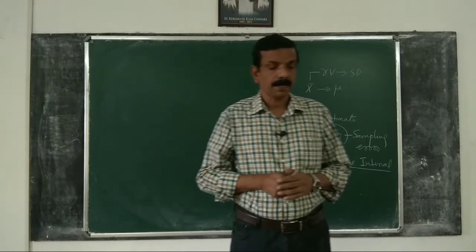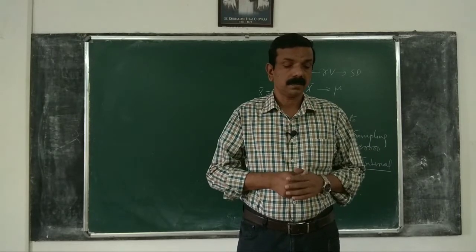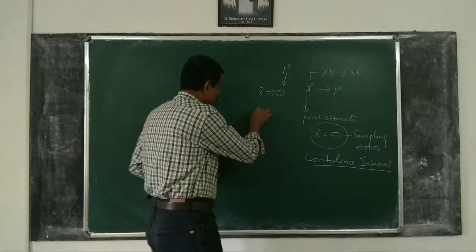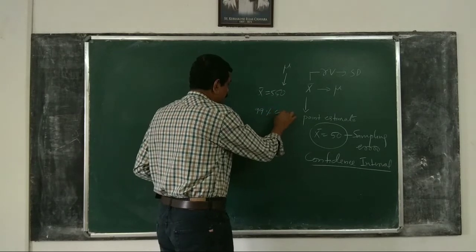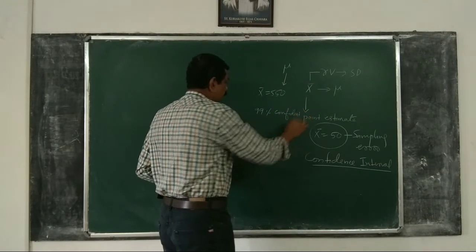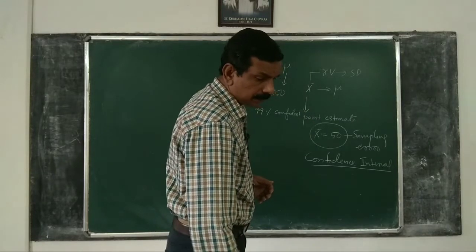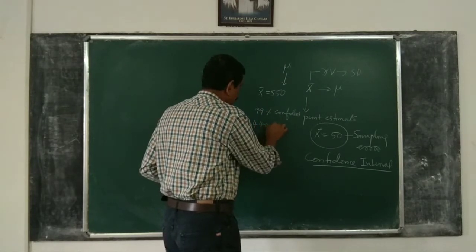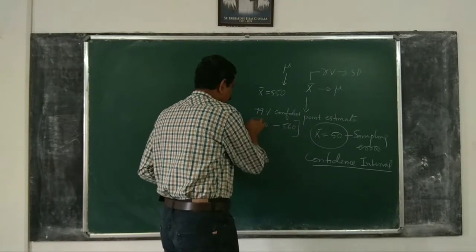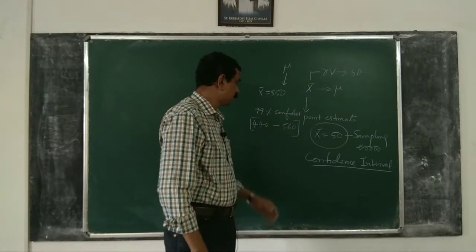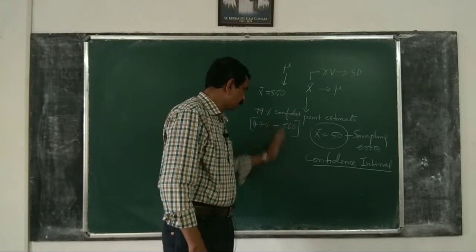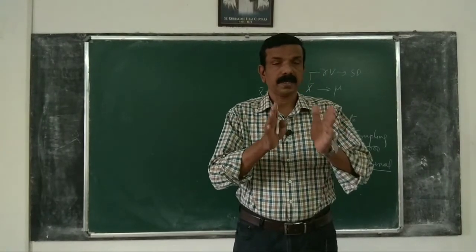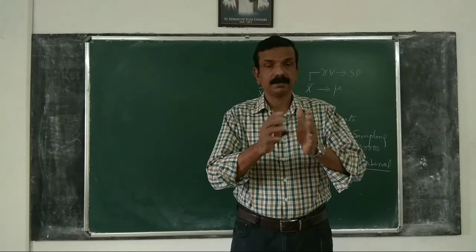Suppose we say that we are 99% confident that the interval, for example, say 440 to 560, contains the parameter mu.